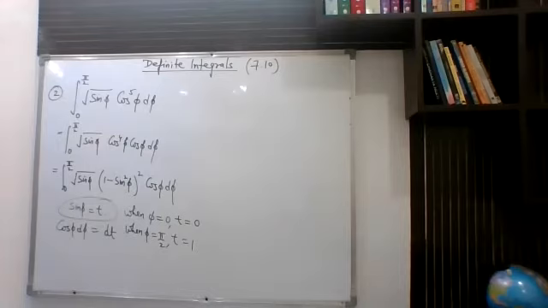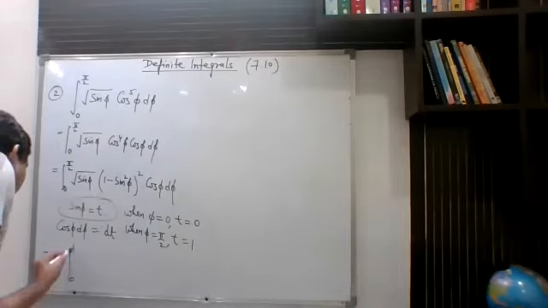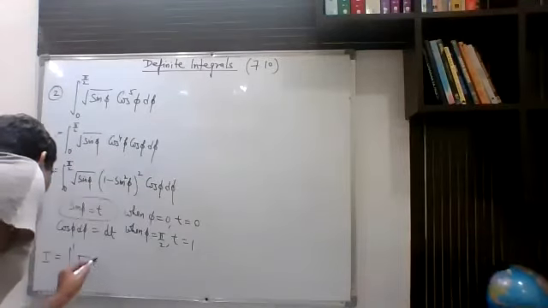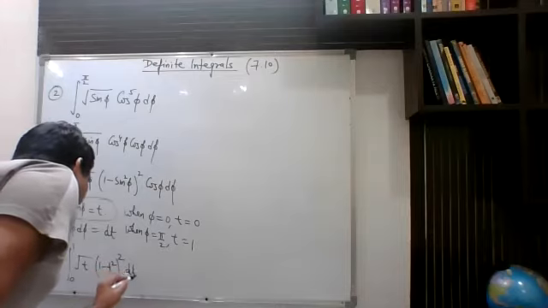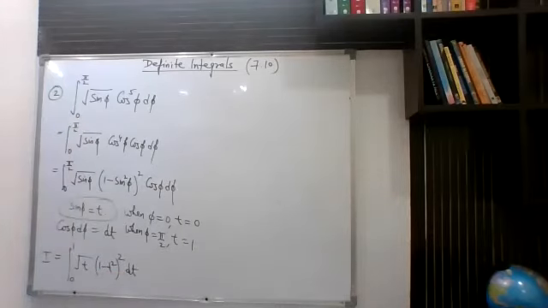Now let us convert the question to t form. I can write this question as the integral from 0 to 1 of the square root of t times (1 minus t square) whole square dt. This is how I can rewrite the question.